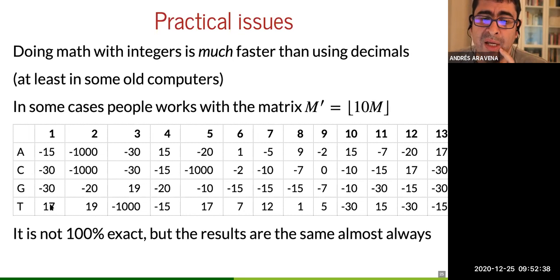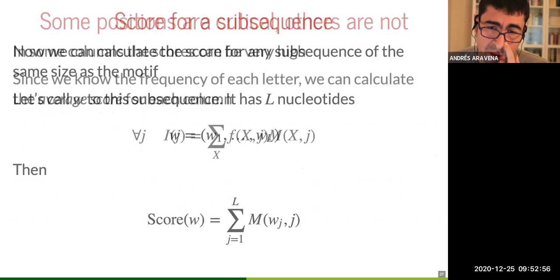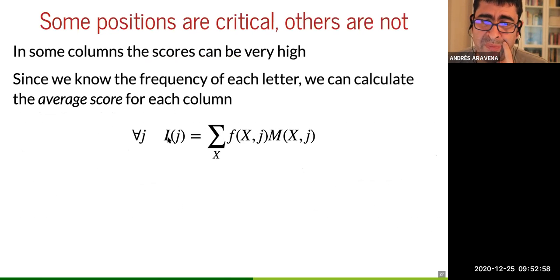So you have 17 positive 87% of the time, and 1% of the time you get minus 30, 1% is minus 30, and 5% is minus 15. You calculate that average, and you get a value that we call the information of every column, and that essentially looks like this.